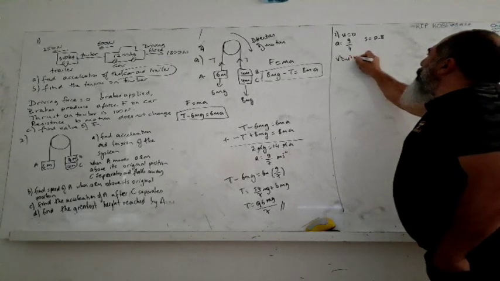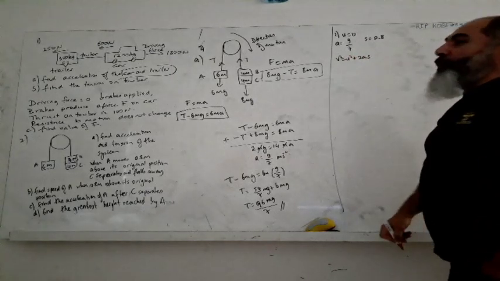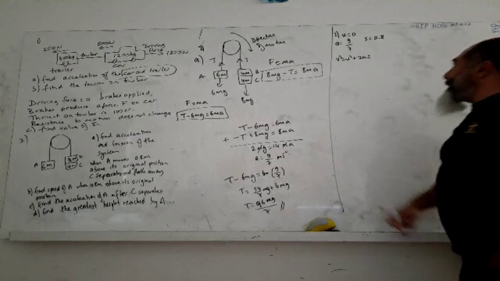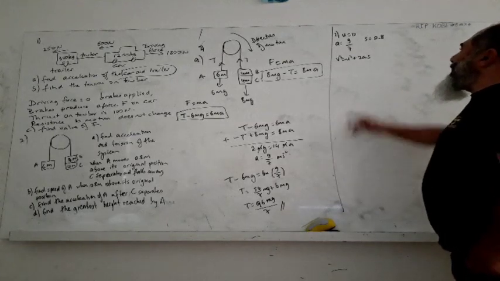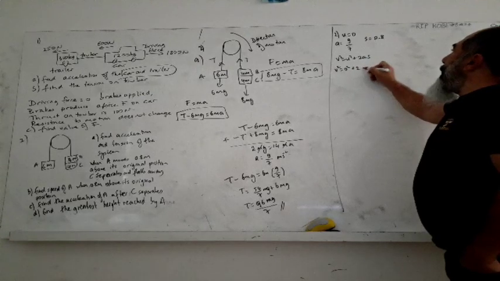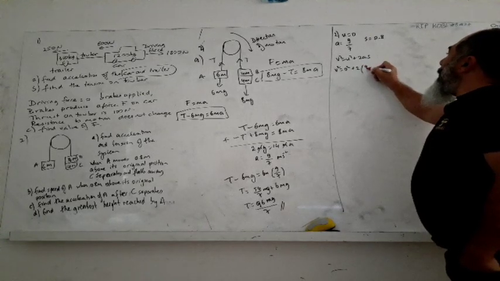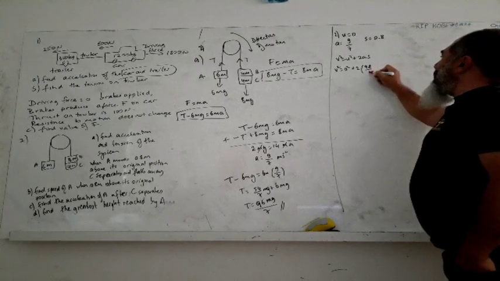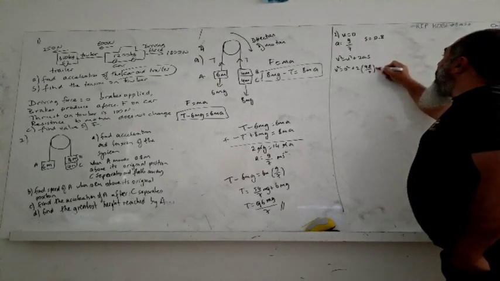This is a formula from kinematics. We already revised it. So v squared will be u squared plus 2 times 9.8 over 7, that is the acceleration there, times s, which is 0.8.